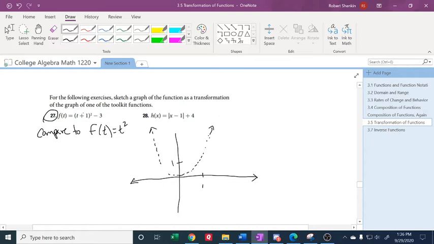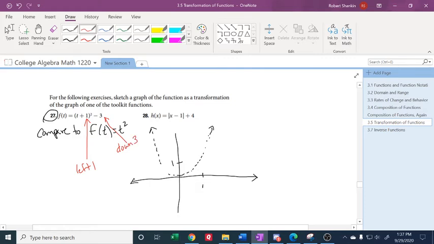And then this new one is the same as this one, except it's been shifted. This is a horizontal shift. Opposite of the sign, it's going left 1 unit. This is a vertical shift, goes same direction as the sign, down 3 units.